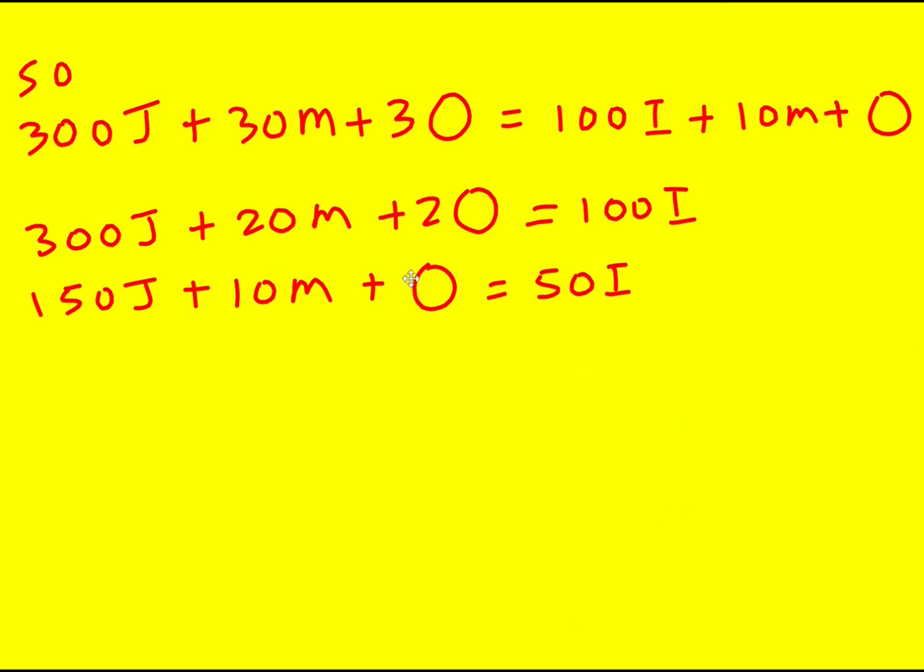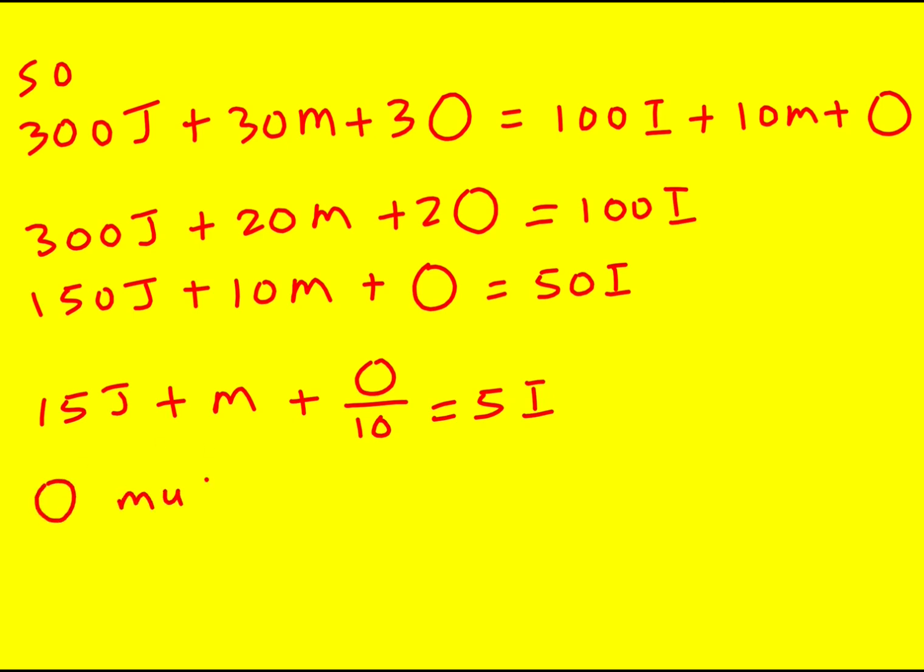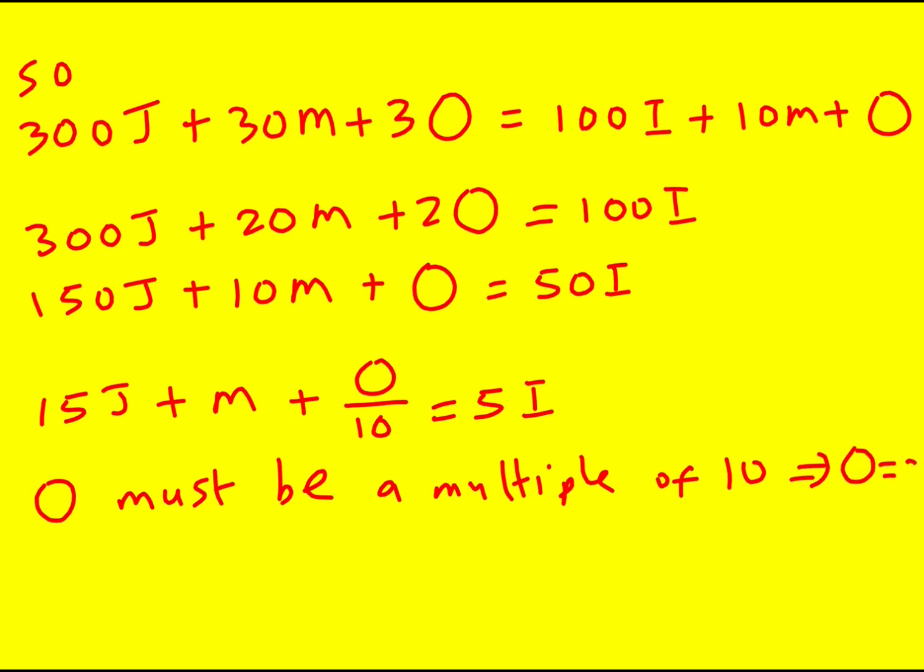Now, apart from the O, there's a common factor of 10. So if I divide through by 10, I get 15J plus M plus O over 10 equals 5I. This means that O has to be a multiple of 10. Remember, it's a digit between 0 and 9, so it's actually equal to 0.